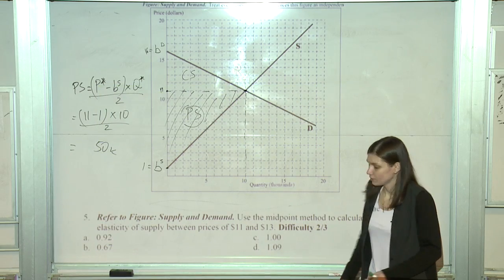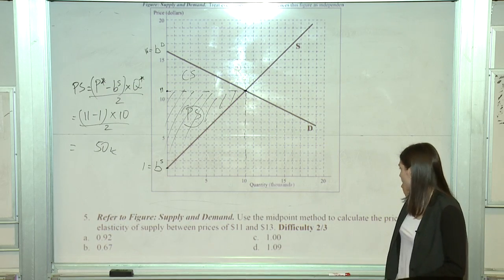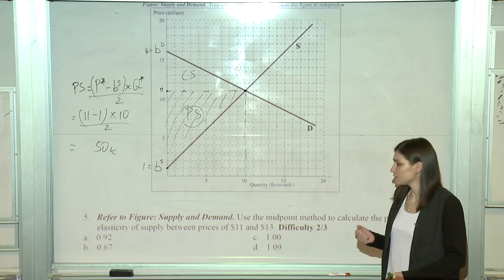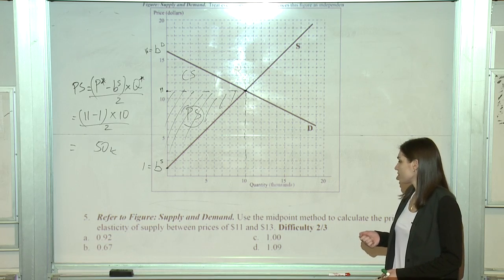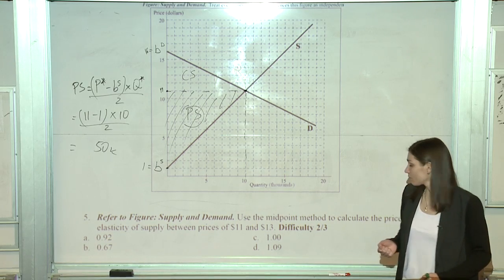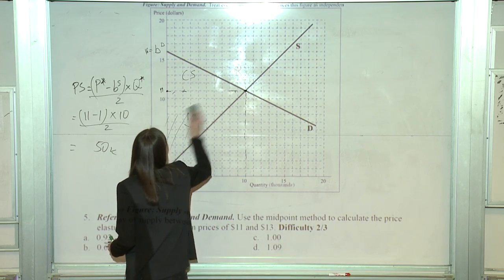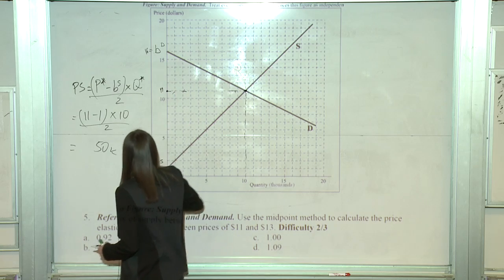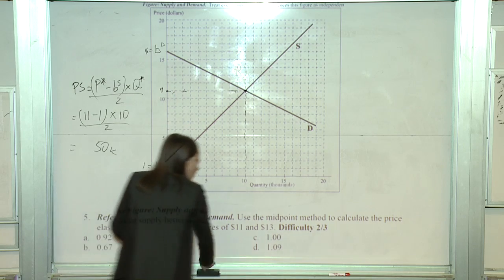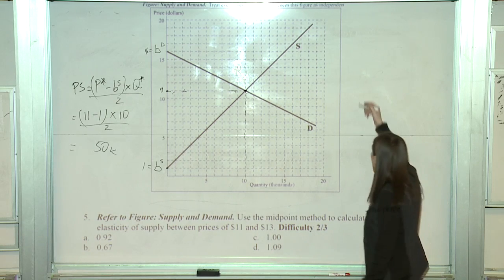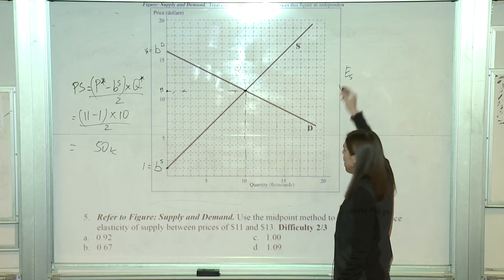All right. Next question. Use the midpoint method to calculate the price elasticity of supply between the prices of 11 and 13. I know the midpoint method for elasticity. This will be the elasticity of supply, so keep that in mind.